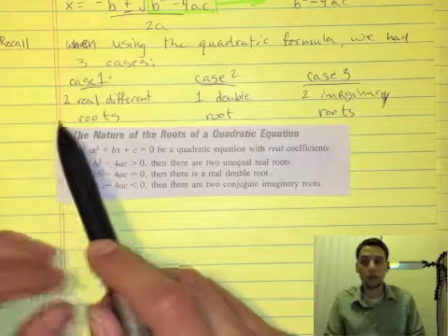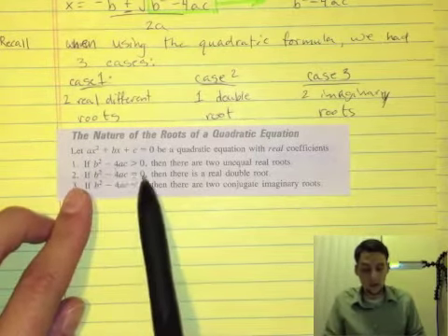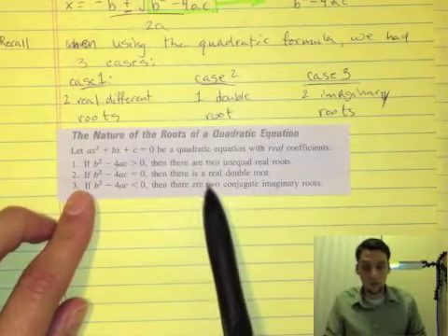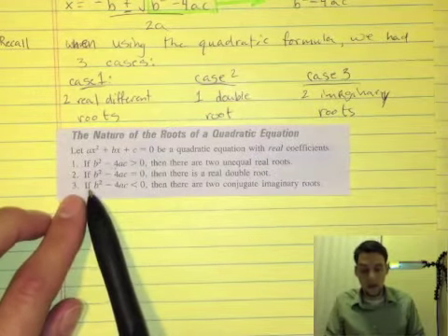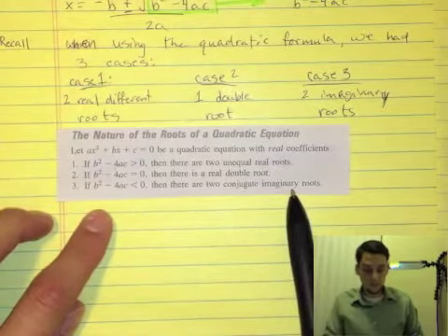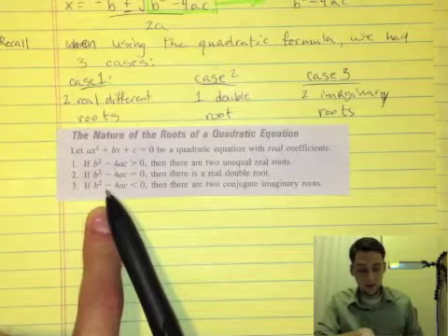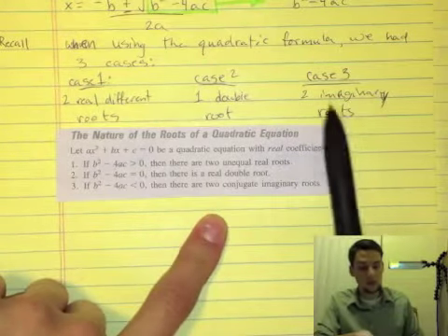If the discriminant is equal to 0, we'll have one double root, and it will be real. And if the discriminant is less than 0, then we have two imaginary roots.